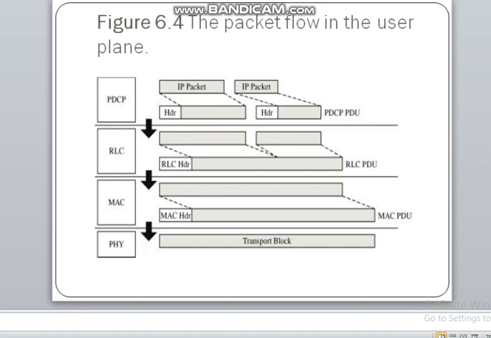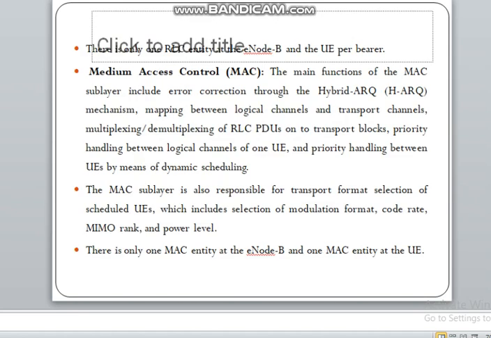Then for the RLC layer, the RLC header is added, giving an RLC PDU. Then in the MAC layer, the MAC header is added, and it is transmitted as a transport block. There is only one RLC entity in the Node B and UE per bearer.